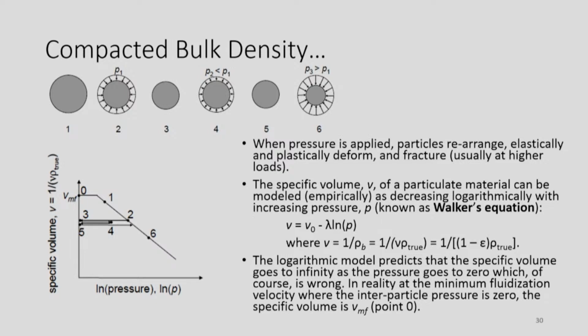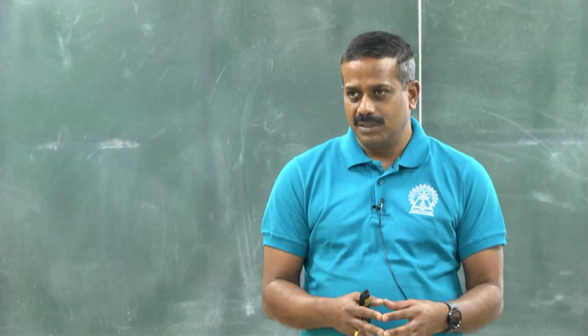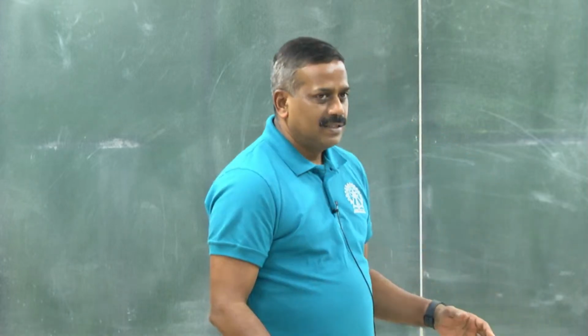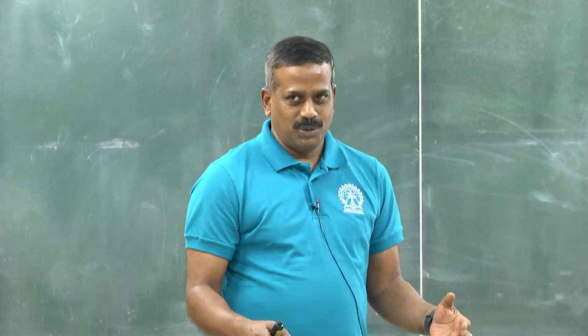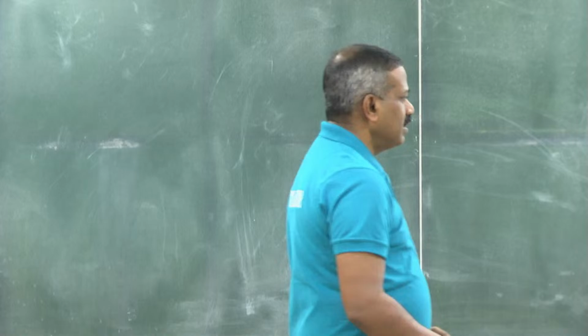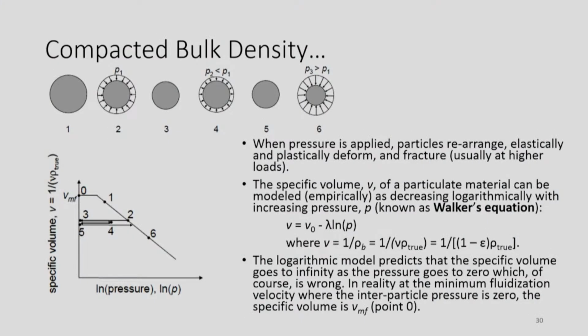So extrapolating to zero might give you wrong values. Okay, because in actual conditions you might not see an interparticle pressure of zero, right? There will always be some pressure between the particles from cohesion and adhesion between the particles, right? So that's why you might get some error in the values.